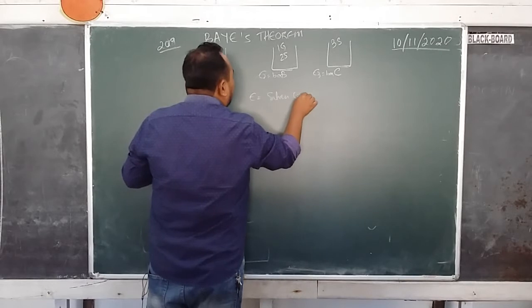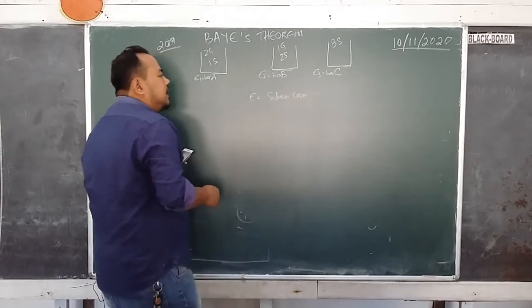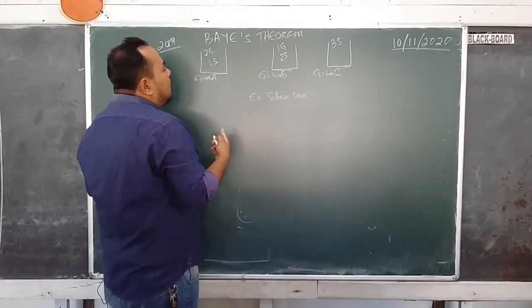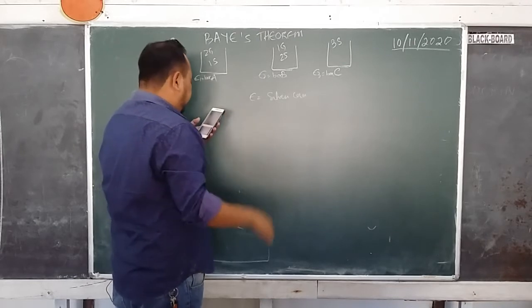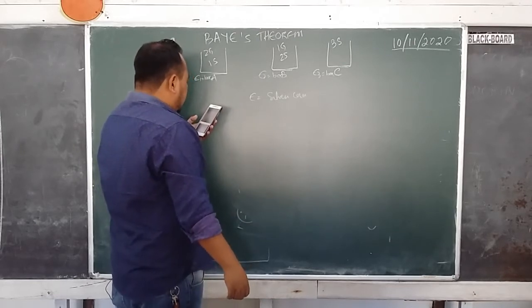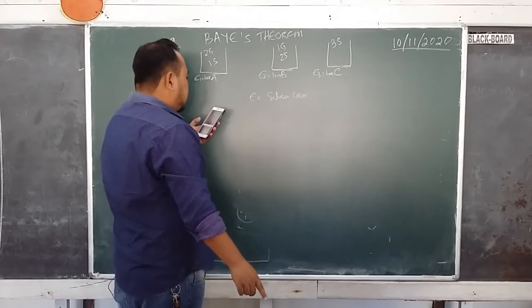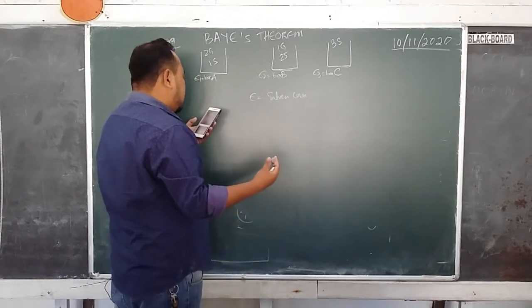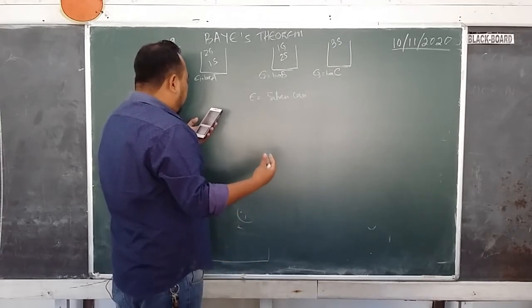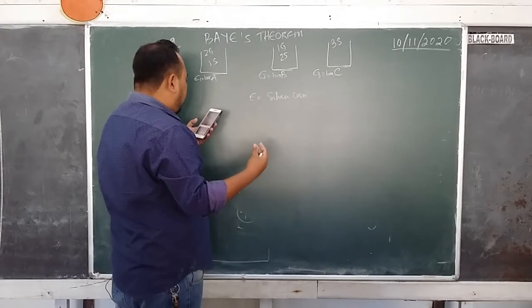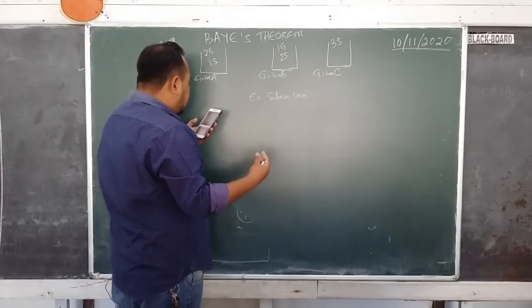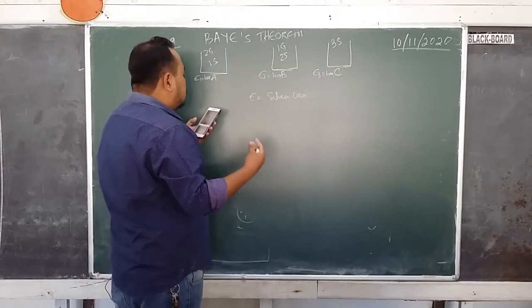Why common event? Because the silver coin can be taken out from E1 or E2 or E3. Is that clear? If the coin drawn is silver, find the probability that it has been drawn from the box which has the remaining two coins also of silver.